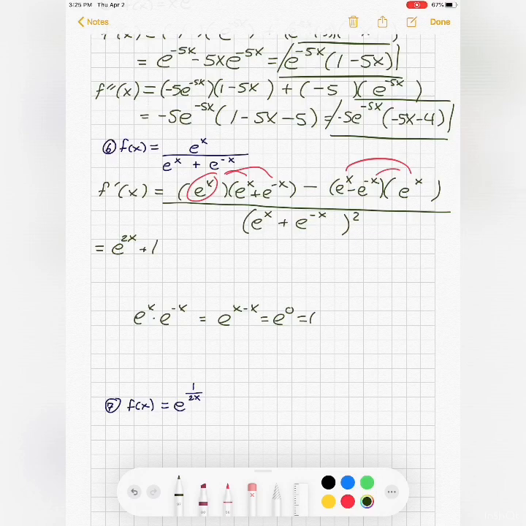Okay, and then let's look over here. So I'll have minus, let's see, I'll have e to the 2x minus 1. Let's leave the denominator as it is for the moment. And let's see how this turns out.